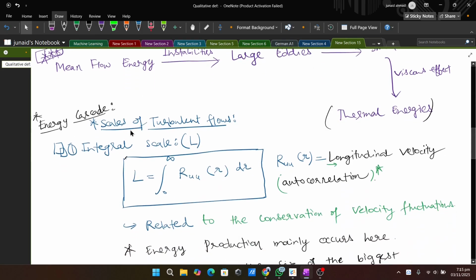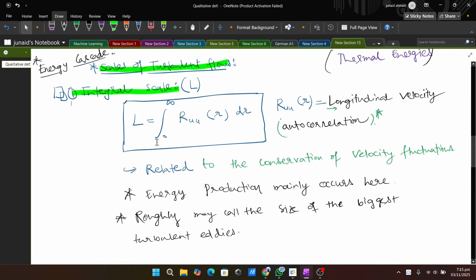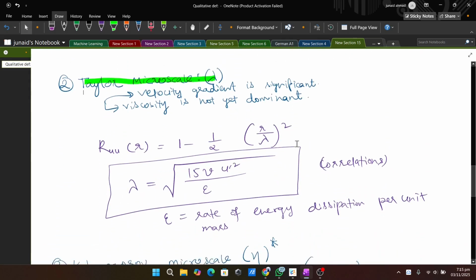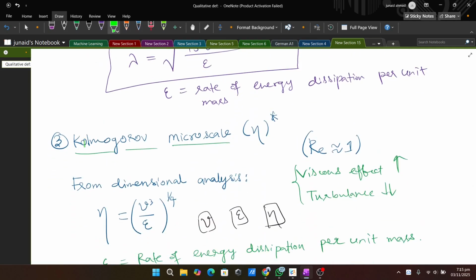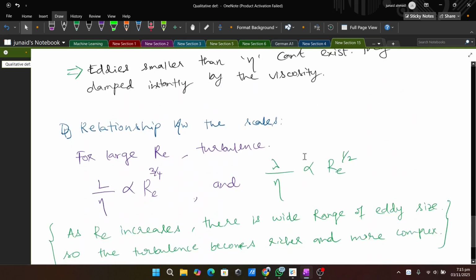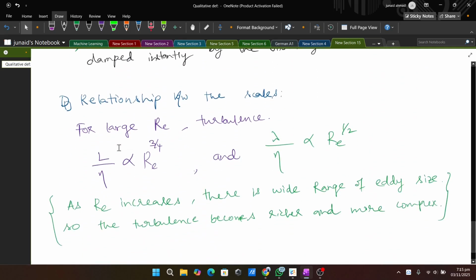Then we talked about the scales of turbulent flow. There are three scales. Integral scale, this is the formula for integral scale. Then we had the Taylor microscale lambda, this is the formula, and the Kolmogorov microscale, this is the formula, and we also defined the relationship between the scales.